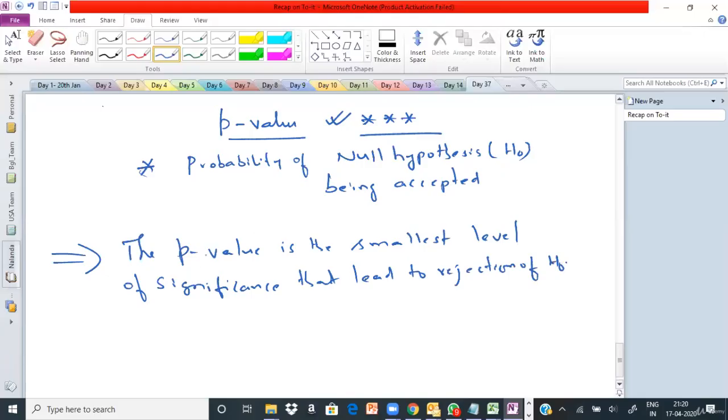You guys remember this. It is the smallest level of significance. That means the smallest level of your alpha that will lead to the rejection of H naught.